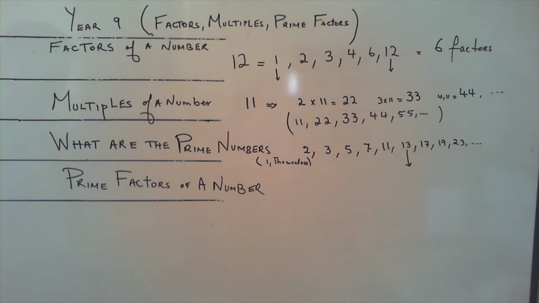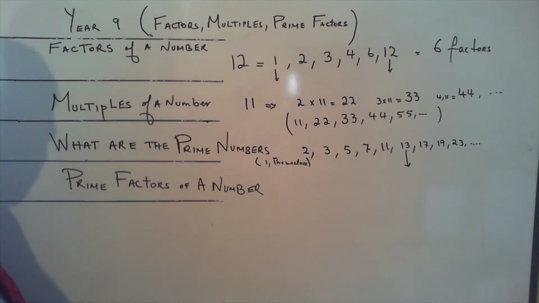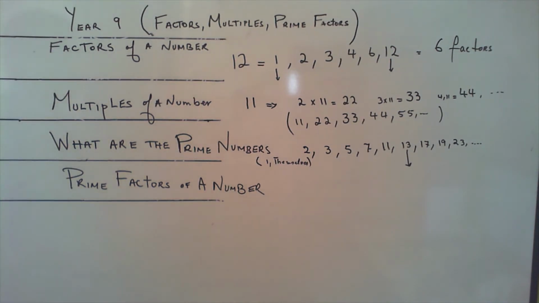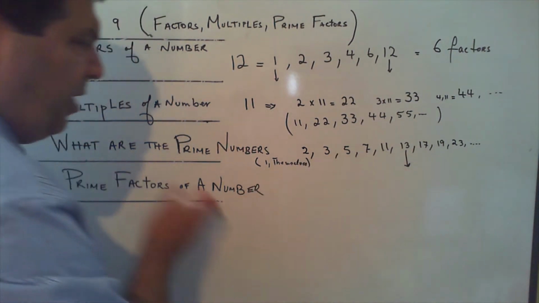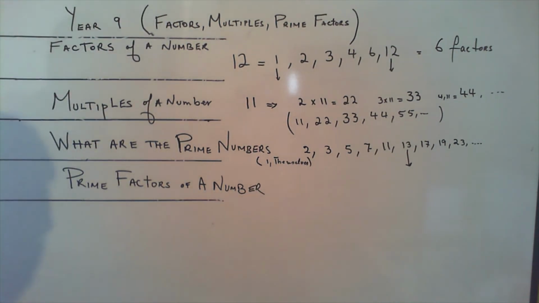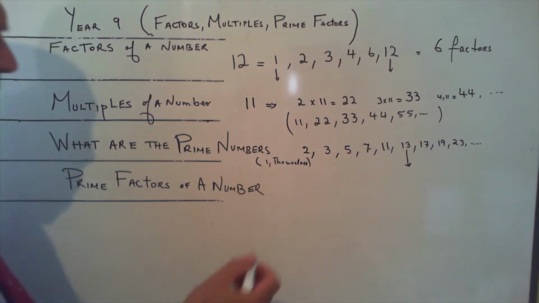Now we come to the most important part of factors, multiples and prime factors: the prime factors. If you have a number and they ask you to find the prime factors, you have to see whether any of these primes are factors of the number, and you make it like a tree.